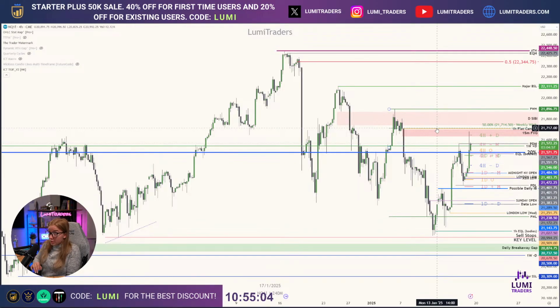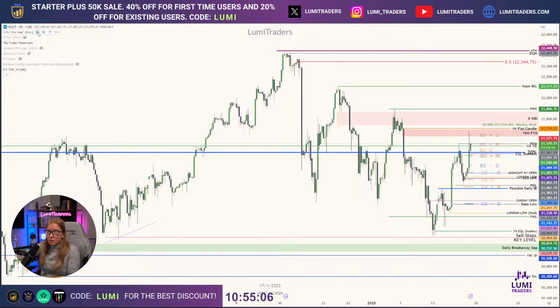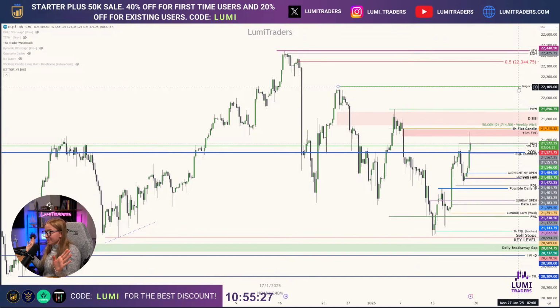And my question is really a tricky question for me. I cannot find the perfect answer. Why? It looks so nice to sweep this low, right? At least sweep to enter this breakaway gap, then reverse all the way up to this all-time high. If not the all-time high, to this major buy side liquidity. But this reversal, not going to lie, was ridiculous. I was like, are you serious?